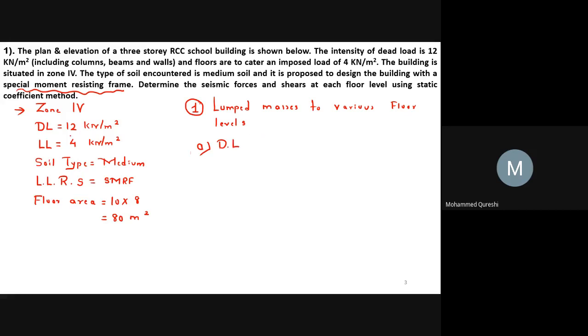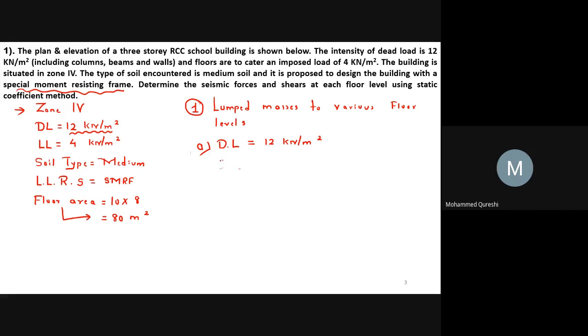The intensity of dead load is given as 12 kilonewton per meter square, including slab, beams, columns. So your dead load will be equal to 12 kilonewton per meter square. Now we have the floor area as 80 meter square.